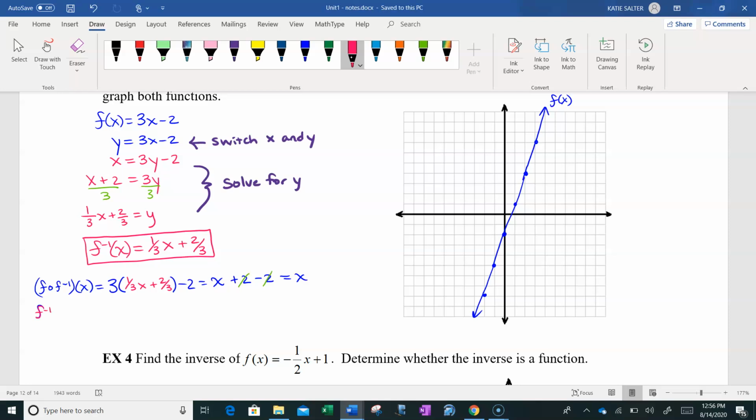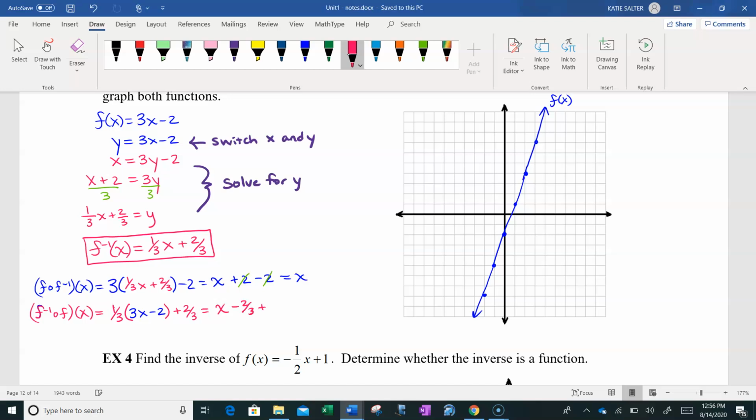So we're going to do the inverse of f of x. So that is going to be 1/3, and there's our x. So that's where we'll substitute the original function, 3x minus 2, plus 2/3. So 1/3 times 3x is 1x. 1/3 times negative 2 is negative 2/3.